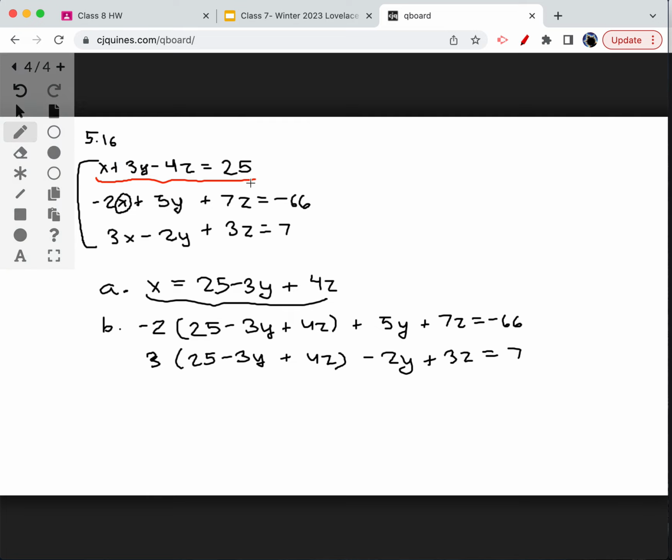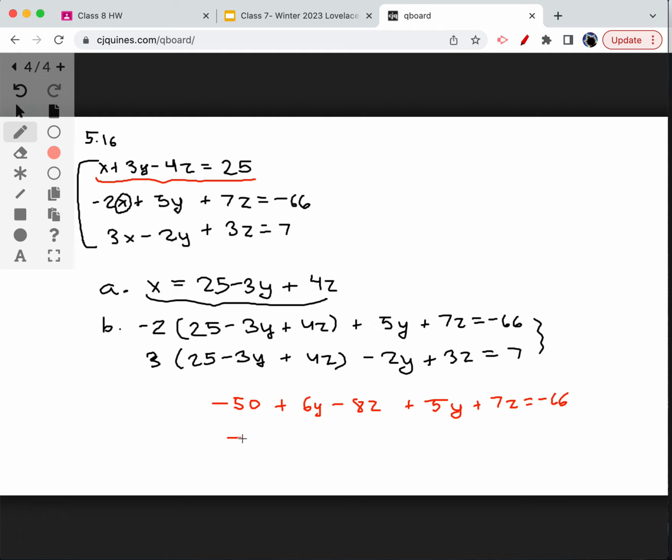So now we can simplify these two expressions. We get minus 50 plus 6y minus 8z plus 5y plus 7z is equal to minus 66.